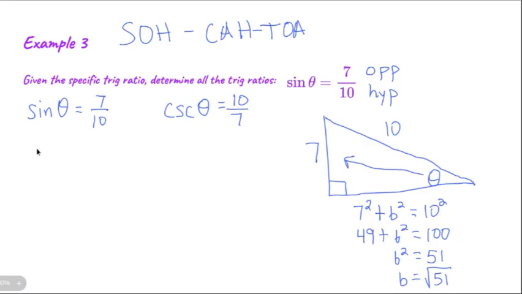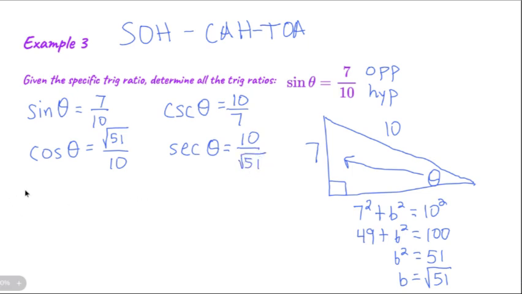So now we just have to work out the rest of them. So cosine theta was the adjacent, which is root 51 over 10. And then we can write our secant if you want to. Take a little bit of a shortcut and find the reciprocal of that.